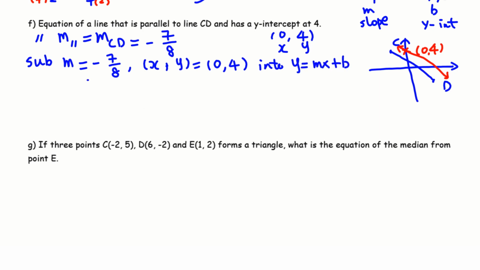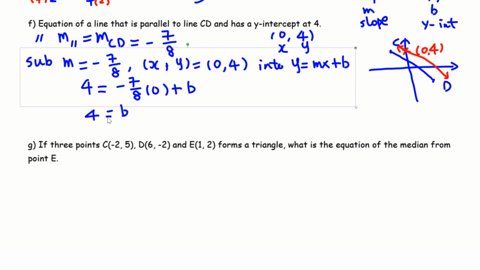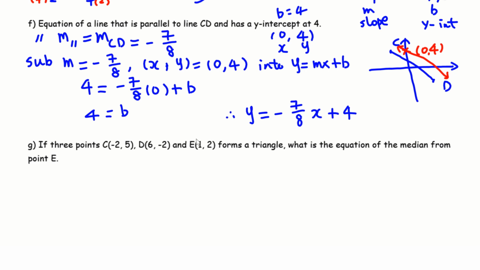So y is 4, and negative 7 over 8 times 0 plus b. 0 times anything gives you 0, so b is 4. Then we have y equals negative 7 over 8 x plus 4. In future, if you have the y-intercept, that is your b value already. You don't have to sub in the two points to find b. b is given as 4.